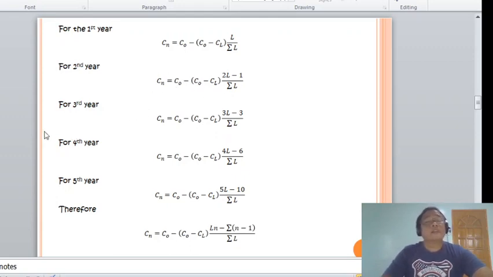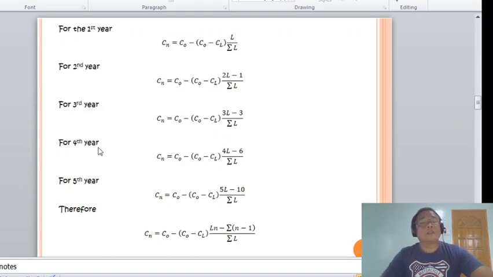Okay? So, for the fourth year, that is CO minus CL multiplied by 4L minus 6 over summation of L. And for the fifth year, CO minus CL, 5L minus 10 over summation of L.